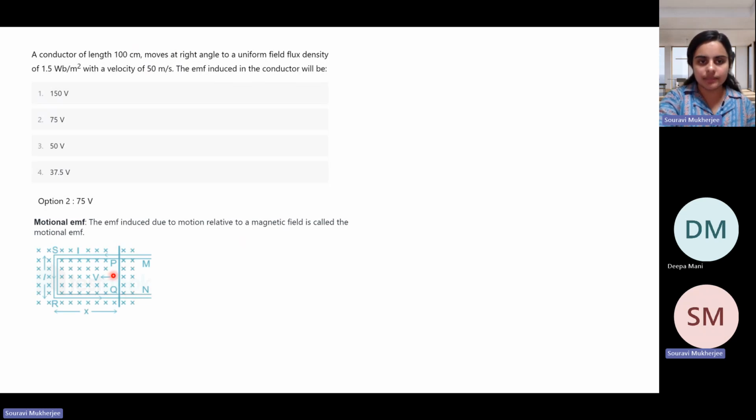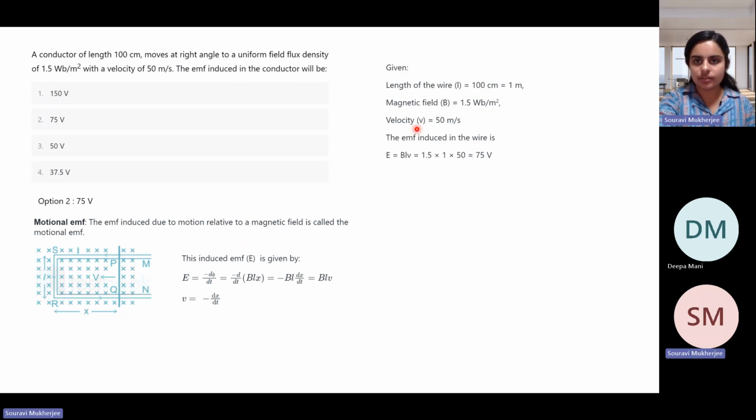In this question, you know V, you know the magnetic field, and you also know the dimensions. So in a way, you can get all these terms, and you can find the induced EMF from this expression. You know the length, and this is how much it has moved. So in a way, you can calculate the induced EMF.